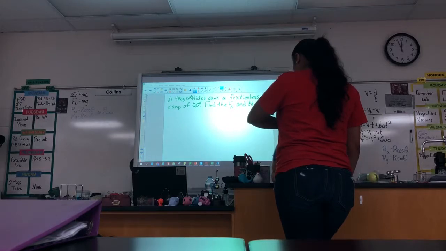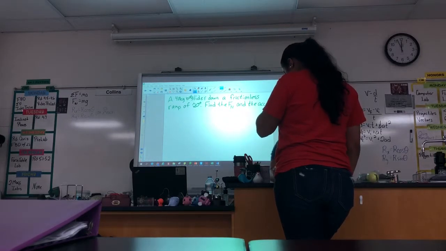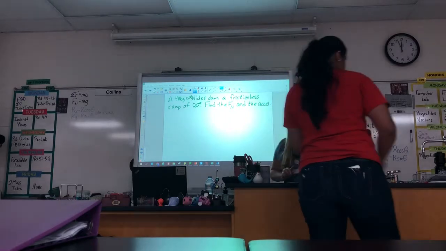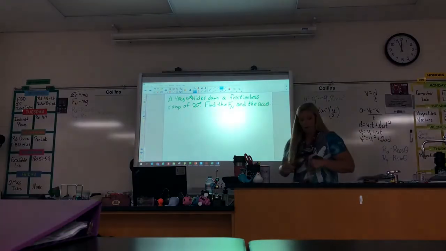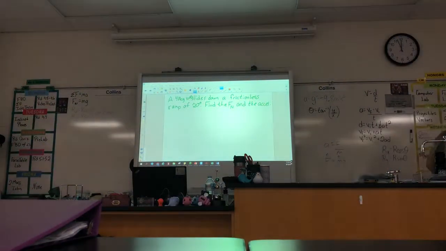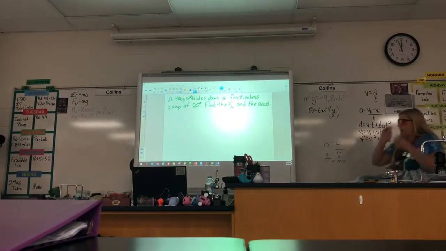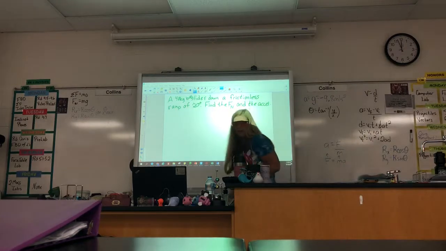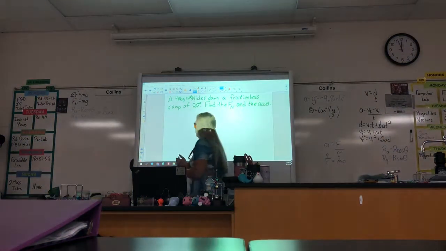So it's mass. Okay, how did you set up your equation? I did a equals... No, you didn't have to. You can use this. Alright guys, I'm going to start drawing the diagram, make sure we're on the same page.